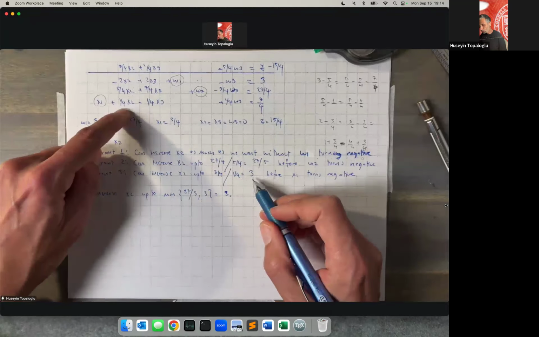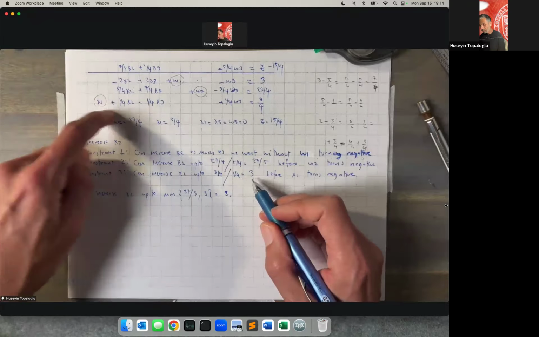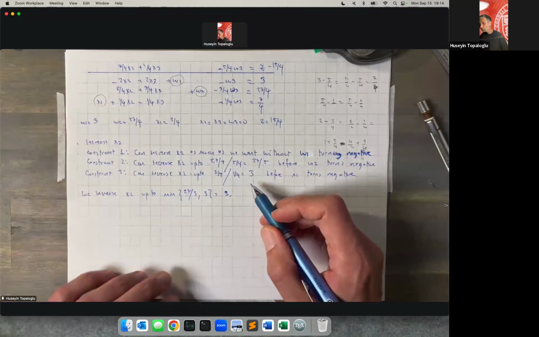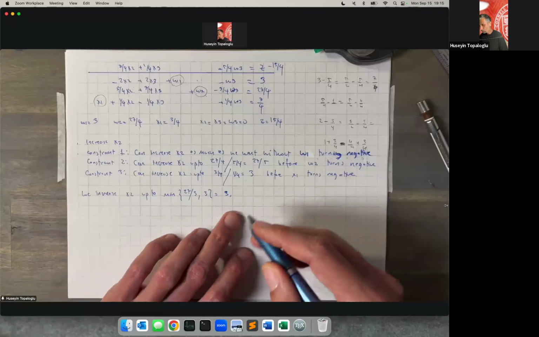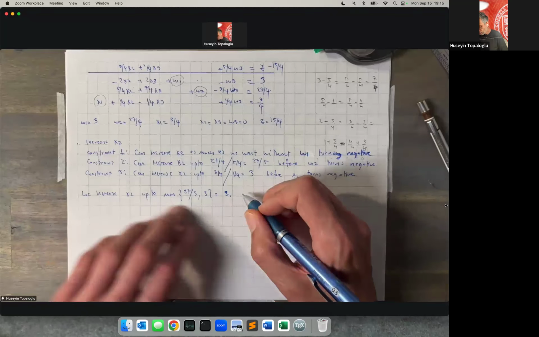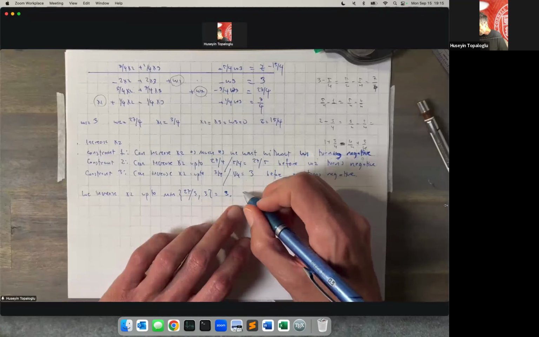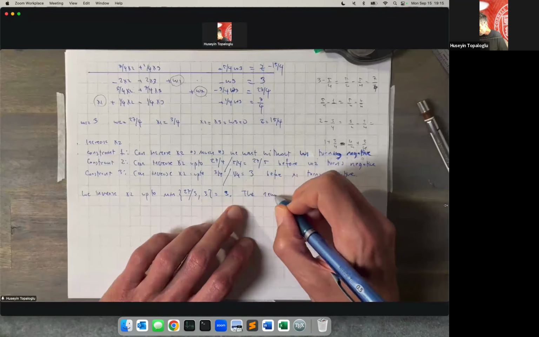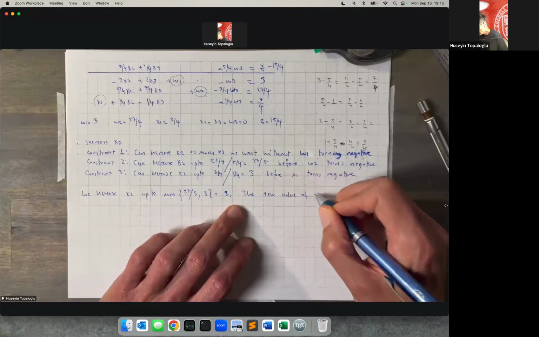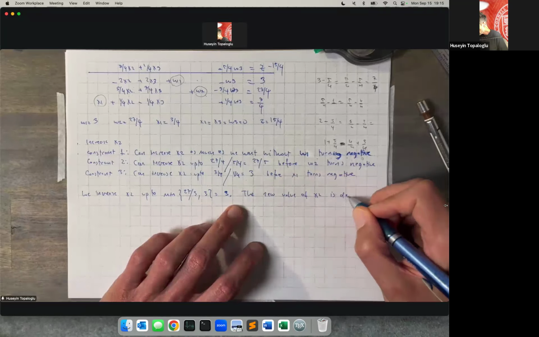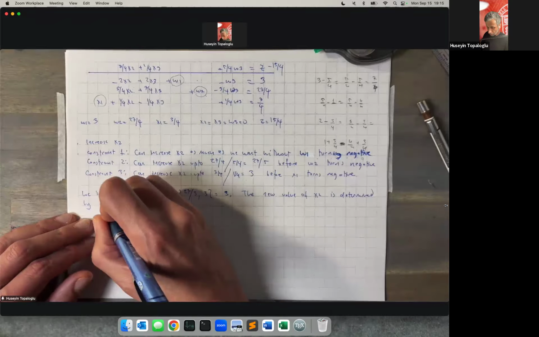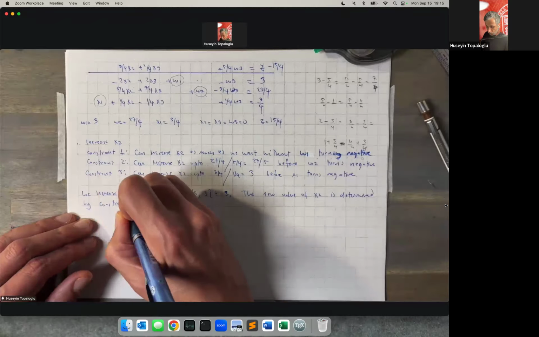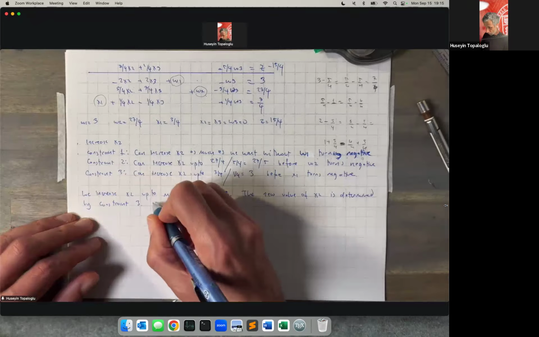When I increase X2 all the way to 3, the new value of X2 is determined by the third constraint row. So we're going to do row operations such that X2 appears only in the third constraint row with a coefficient of 1. So we're increasing X2 all the way to 3. The new value of X2 is determined by constraint 3.